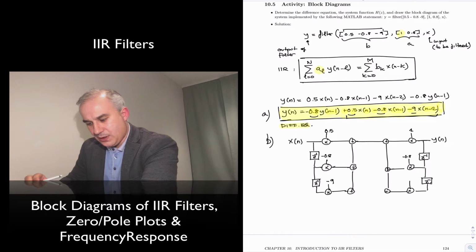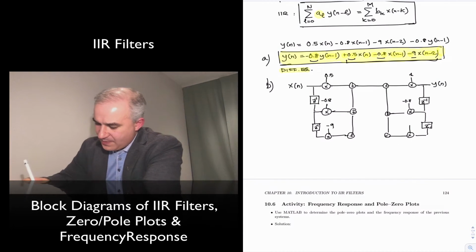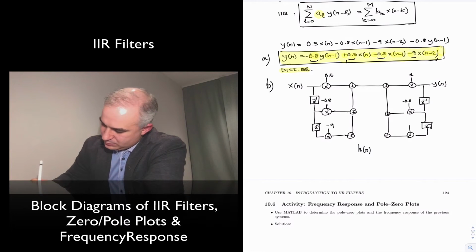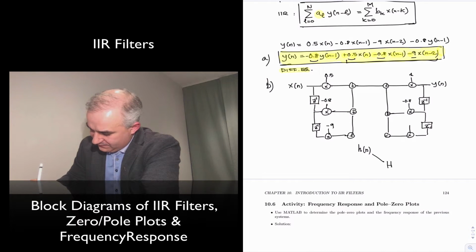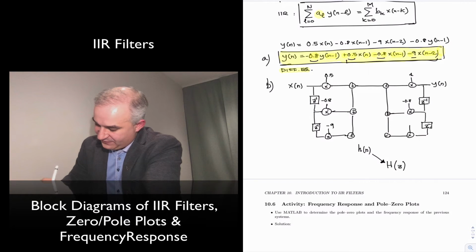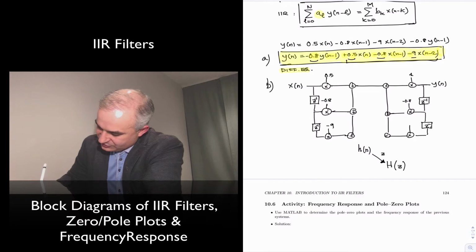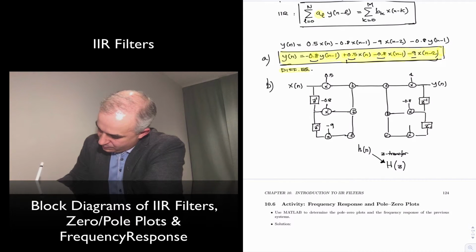Now, recall that there are a couple of interconnected things that we have here, right? From the impulse response, and that was the output of the system when the input is an impulse, we could go to the system function or the transfer function, right, using the z transform. We can also go backwards from the inverse transforms.